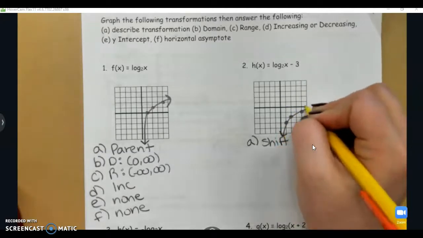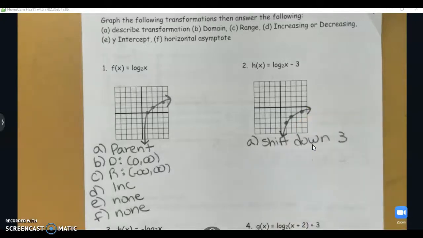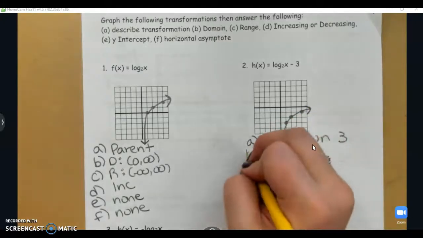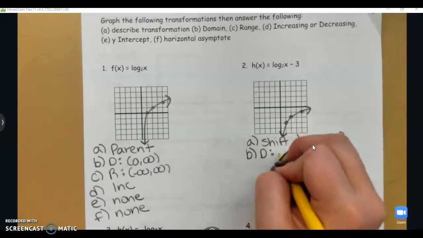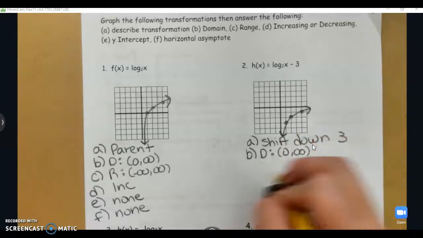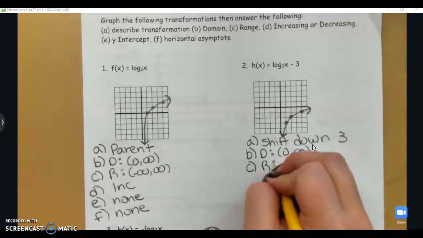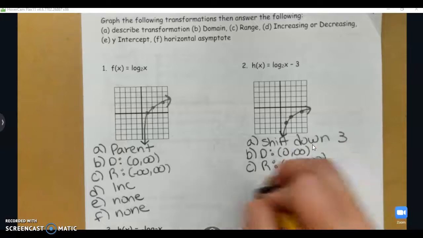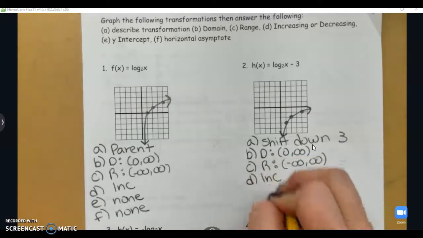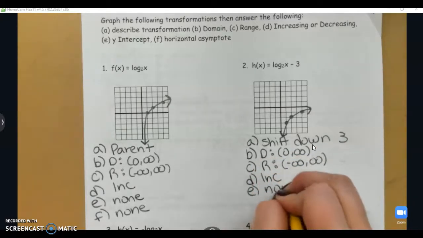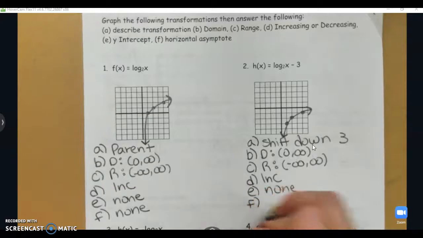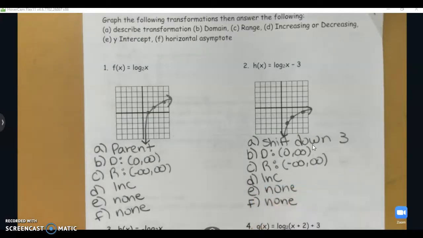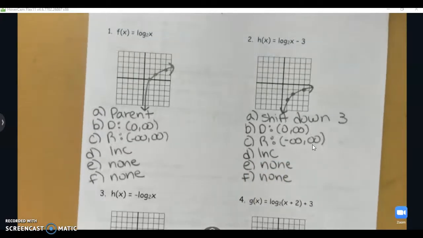And so there is my transformed graph. This has not changed my domain or my range. It's still increasing. We still don't have a y-intercept or a horizontal asymptote. All that's changed is what my graph looks like. It is shifted down 3 units.